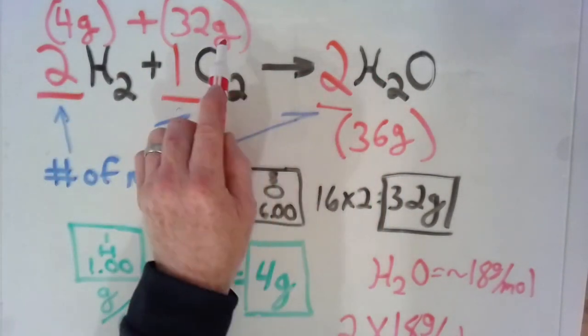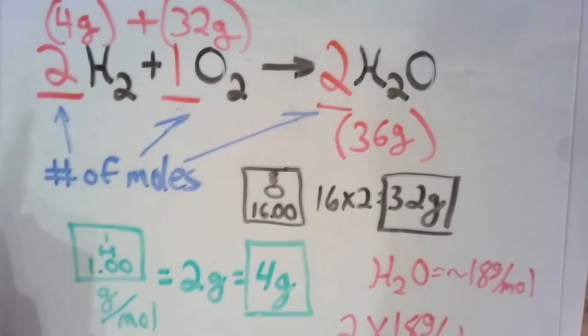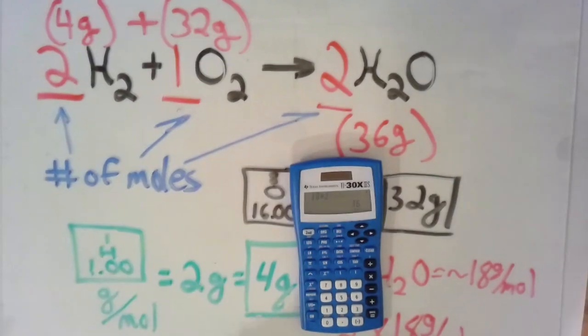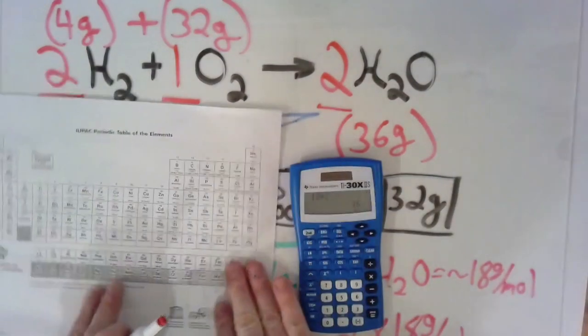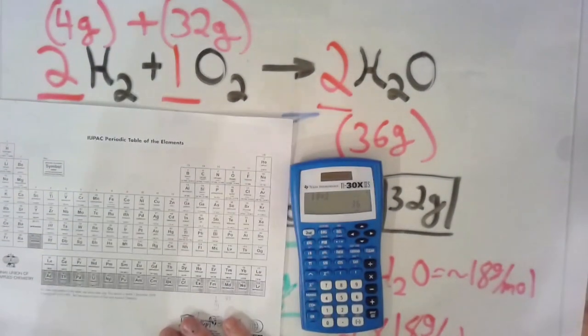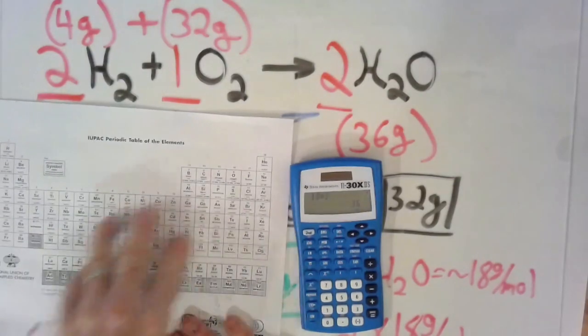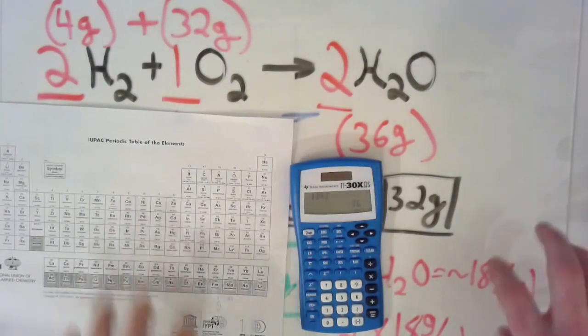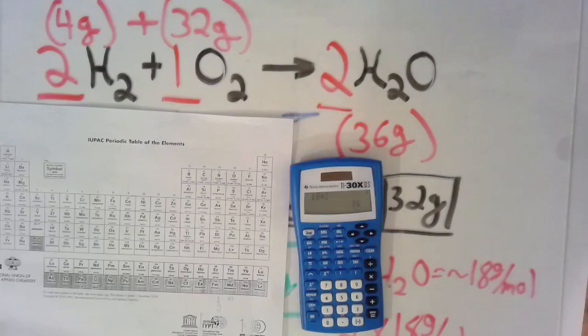And this is why we need to make sure that we thoroughly understand how to use our calculator and our periodic table to understand why this is important and what this is telling us about calculating molar mass.